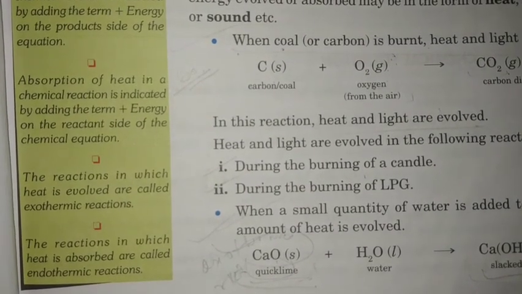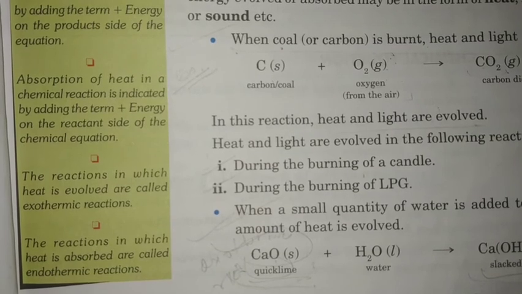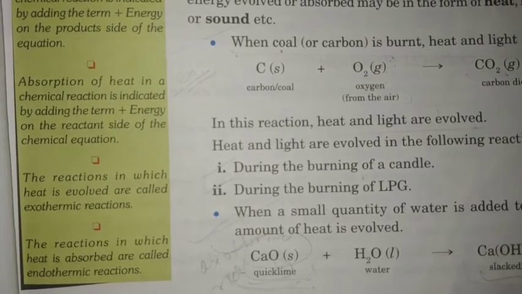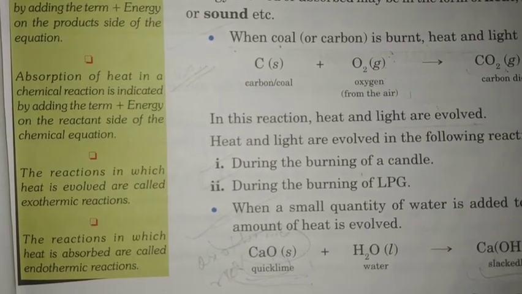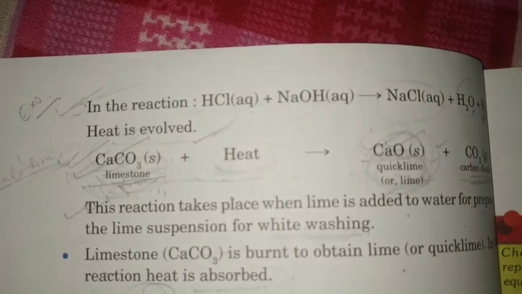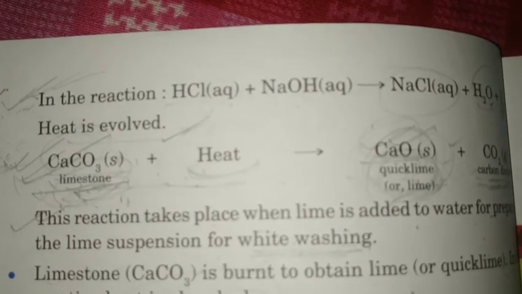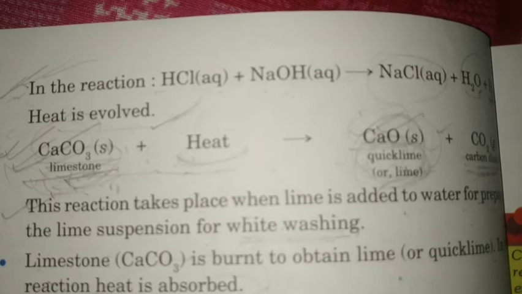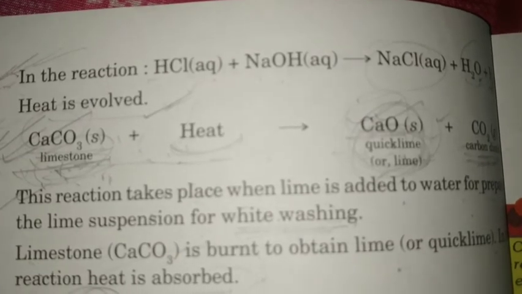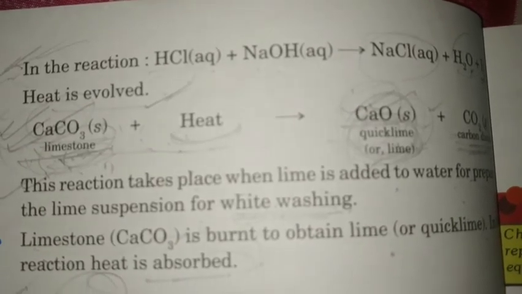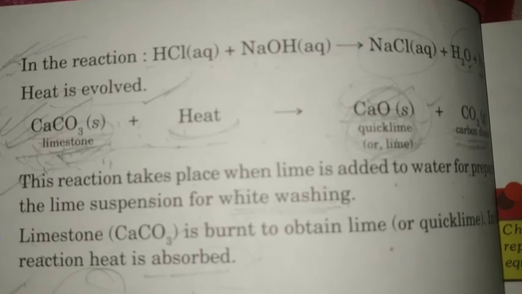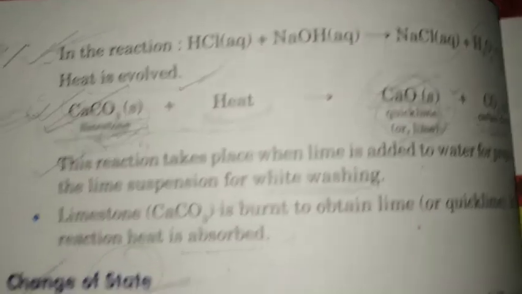So what is the reaction when coal burns? It is an exothermic reaction. Why? Because heat is evolved during this reaction. This is the reaction calcium carbonate plus heat gives CaO plus CO2. In this reaction heat is absorbed, so that is why it is an example of an endothermic reaction.